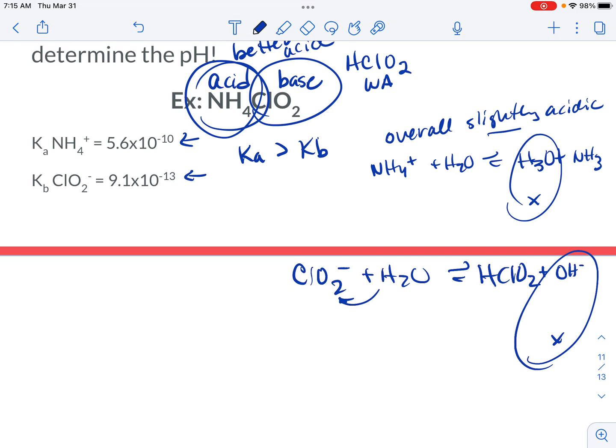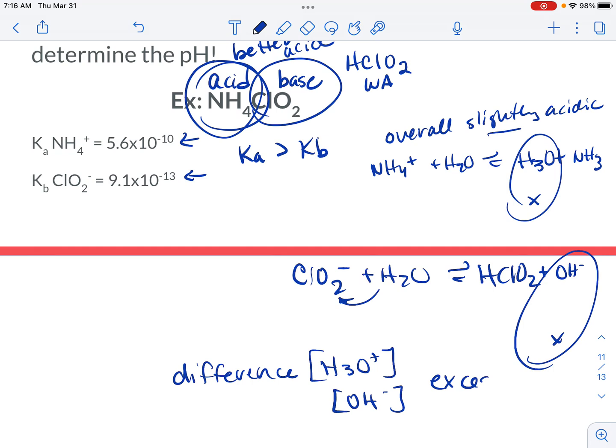Once you do that, you can take the difference, because the hydronium and the hydroxide would actually probably react together to form water in some capacity. So take the difference in hydronium concentration and hydroxide concentration, and whichever is in excess, you can take the negative log to find the pH. It's unusual that they might ask you to do this, but I need you to see the conceptual idea behind it.